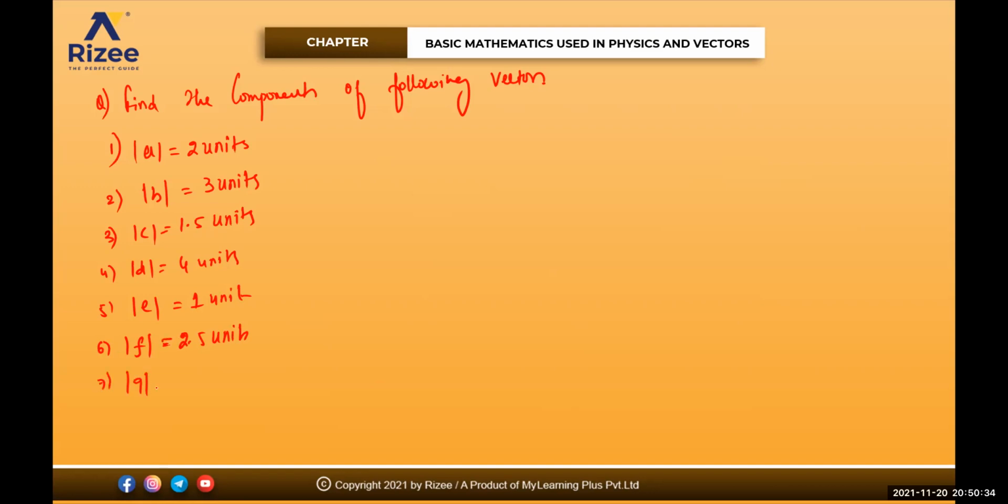Number 2, mod B is equals to 3 units. Number 3, mod C is equals to 1.5 units. Fourth one, mod D is equals to 4 units. Mod E is equals to 1 unit. Mod F is equals to 2.5 units. Mod G is equals to 2 units. And mod H is equals to 3 units.